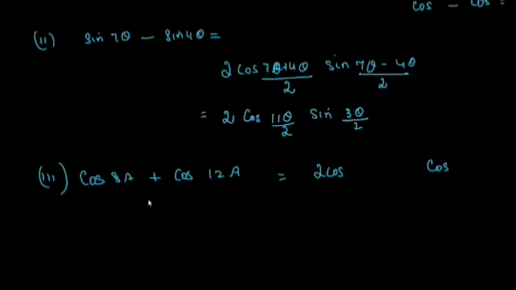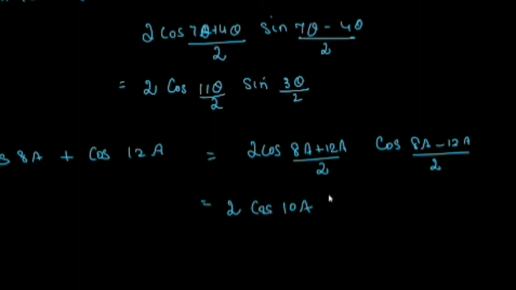So add these two, 8a plus 12a, and then divide by 2. And here 8a minus 12a by 2. So 8a plus 12a is 20a by 2, that is 10a. Cos (8 minus 12), minus 4 by 2, that will give you minus 2a. So cos of minus 2a.